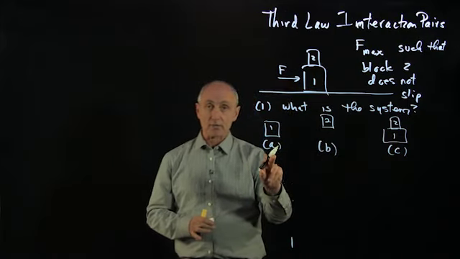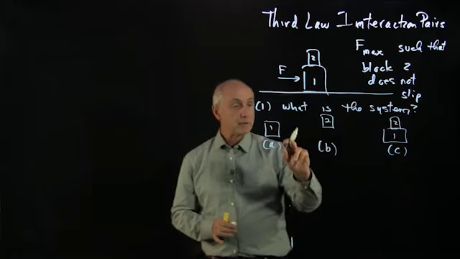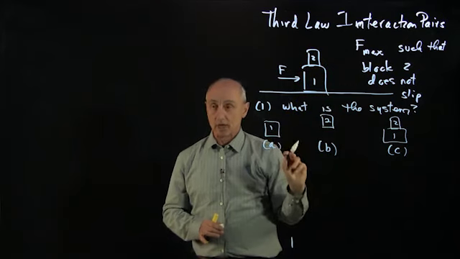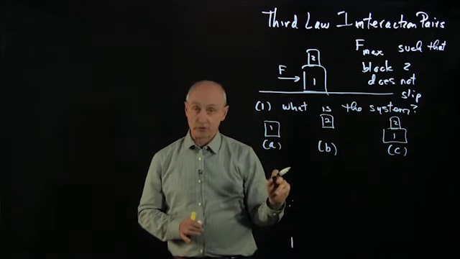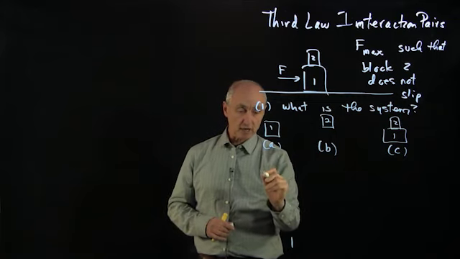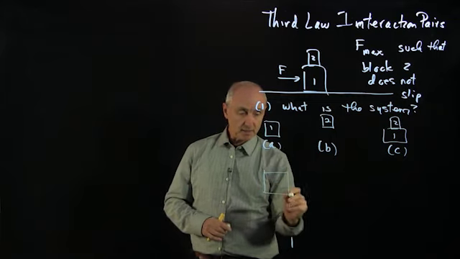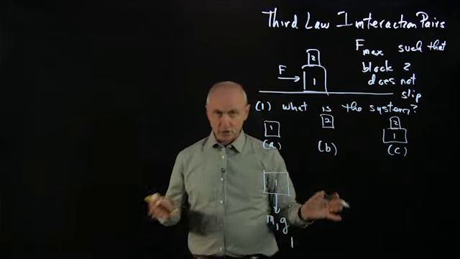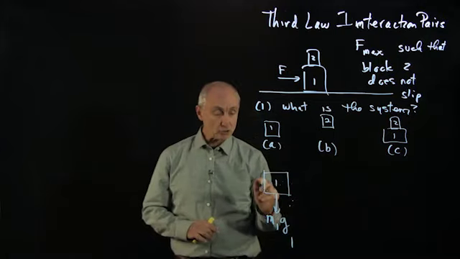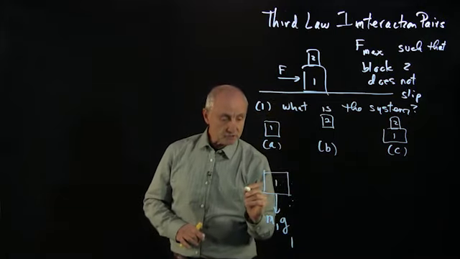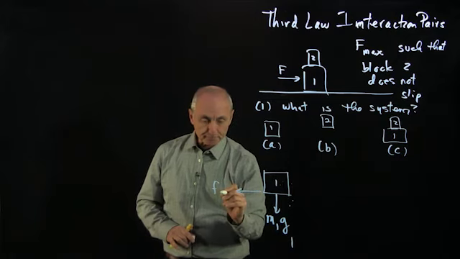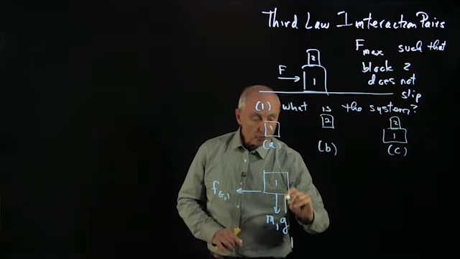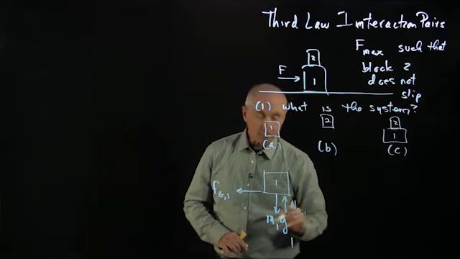So let's start with block 1. We'll start with breaking our problem down into blocks 1 and 2, and let's draw the free body diagrams on those blocks, trying to identify action-reaction pairs. First off, we know there's gravitational force, and the Earth is the other pair there, which we're not drawing. There's friction between the surfaces, so there's a friction between the ground and block 1. There is the normal force of the ground on block 1.